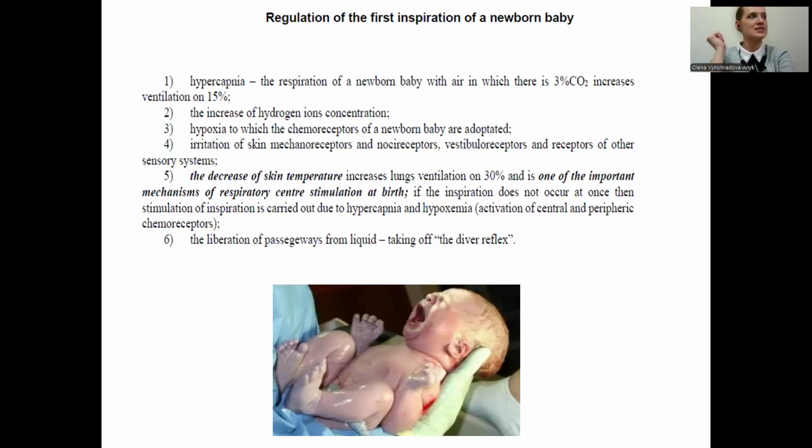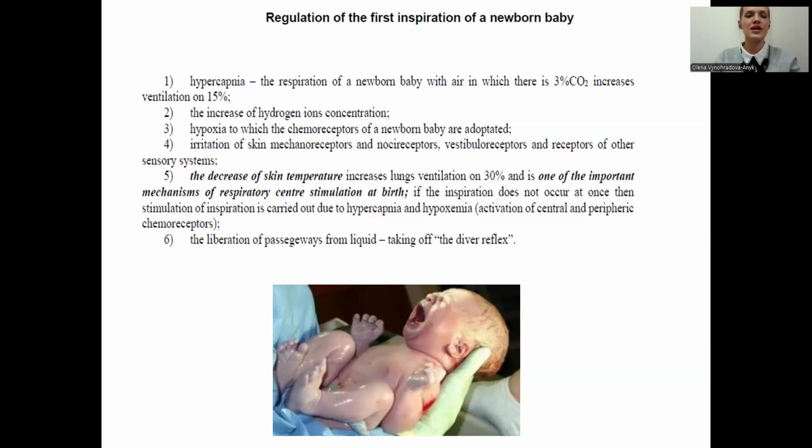Interesting that when a newborn baby has irritation of this receptor by liquid, it stops the first inspiration, like stopped breathing. And by the way, you also know this reflex when you wash your face or when water comes onto your face, automatically, you don't control this process, you stop your inspiring.